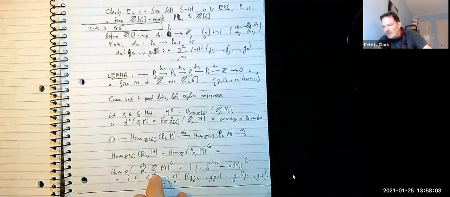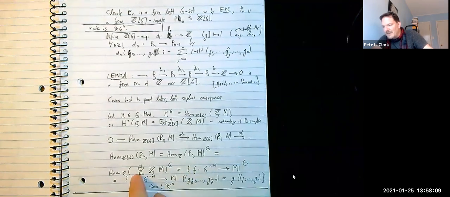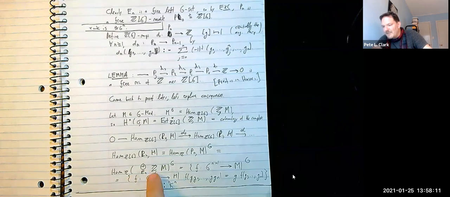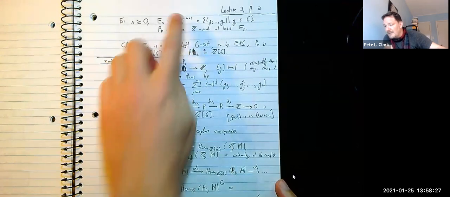I'm taking care of the G invariance at the end, but on the inside, I have a Z-Hom from a free Z module with a certain basis into M. That's canonically identified with the collection of all set maps from the basis into M, and En is again just our notation for G to the n plus 1.